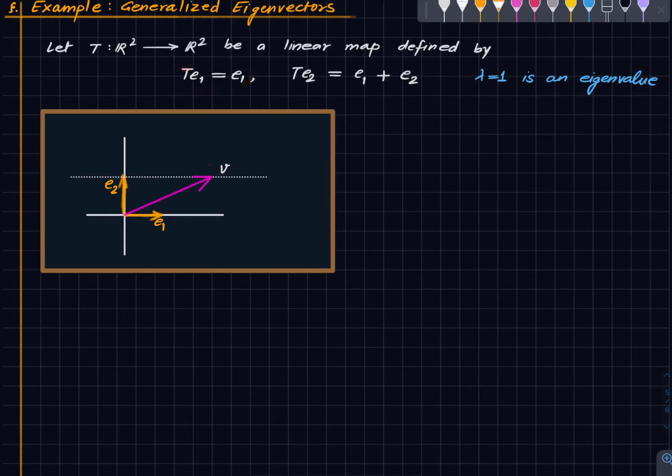All right. Now take any vector V of this form. Its second coordinate is 1 and the first coordinate is whatever. So let's say V is equal to A E1 plus E2. First of all, this is not an eigenvector corresponding to eigenvalue 1, simply because (T minus identity) of V is this.